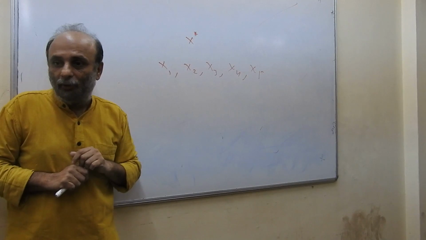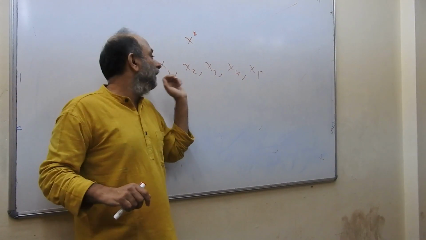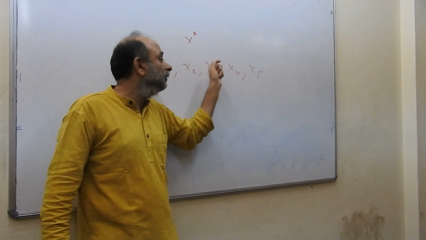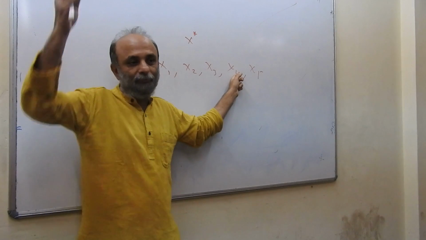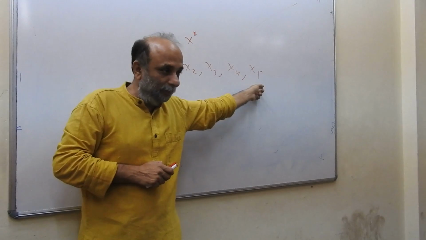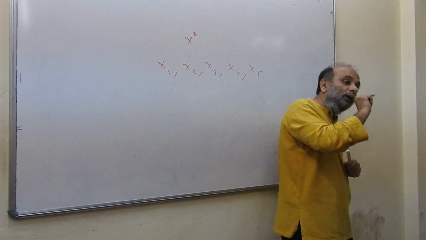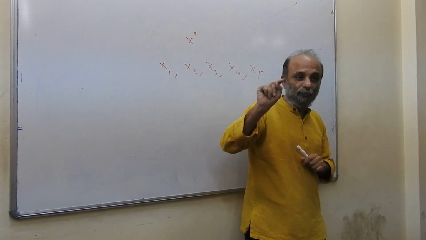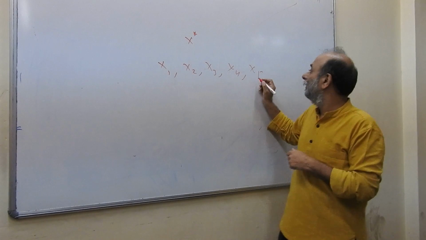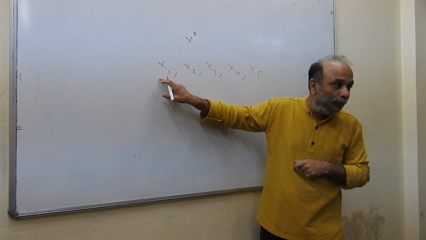Think of each of these numbers as, say, suppose you're buying a house, and x1 is a school, x2 is a supermarket, x3 is the railway station, x4 is a cinema, and say x5 is a hospital, right? You have to find a place such that the total distance from all these locations is as small as possible. You of course have the choice of being very close to the hospital and very far from the others, in terms of total distances.